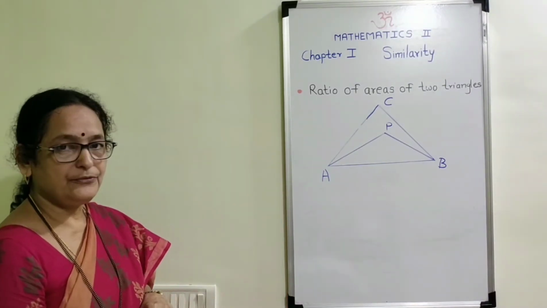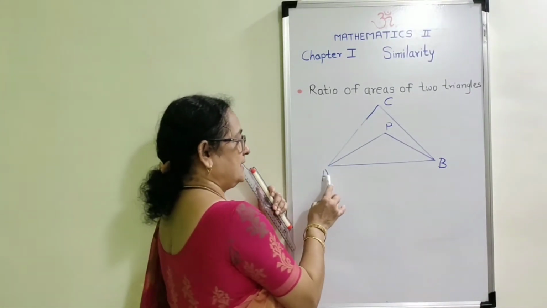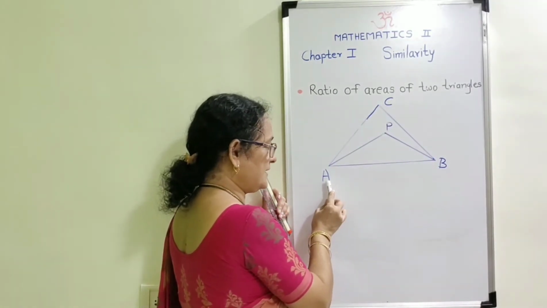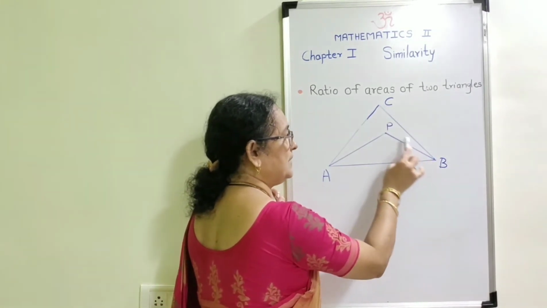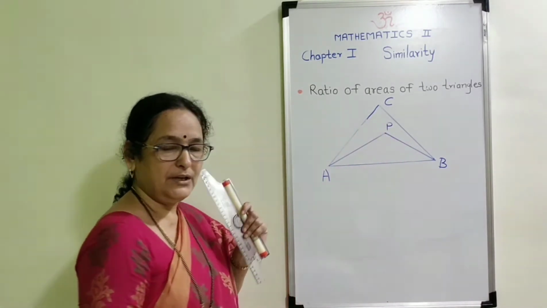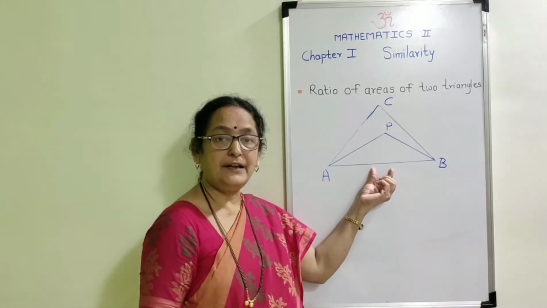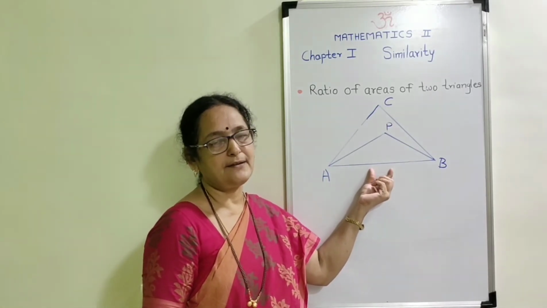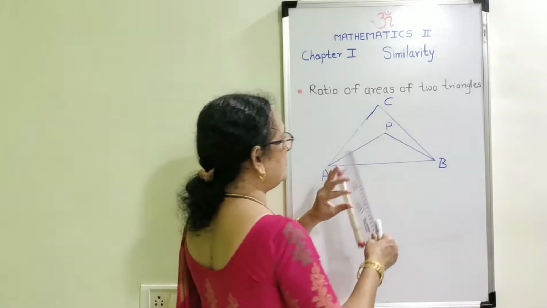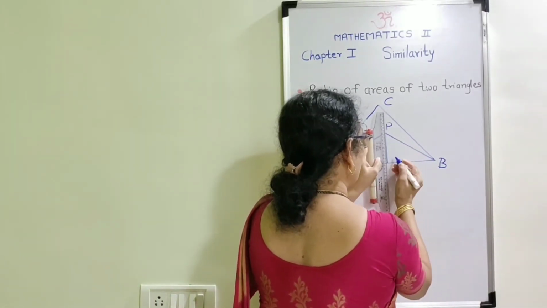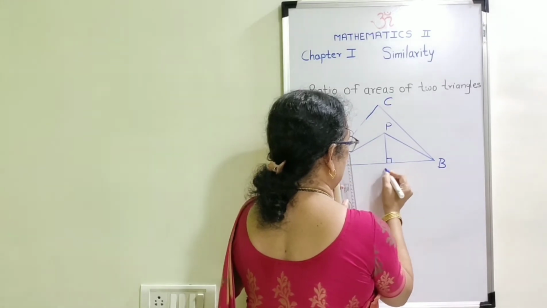Here observe the two figures. In the first triangle ABC is given and the second is triangle ABP is given. Here in both the triangles the base is AB and it is common to both the triangles. Suppose I want to determine heights of two triangles. I have to draw perpendicular on base AB.